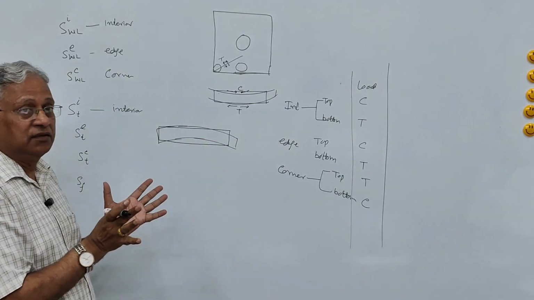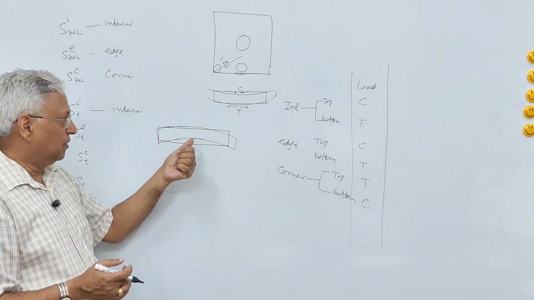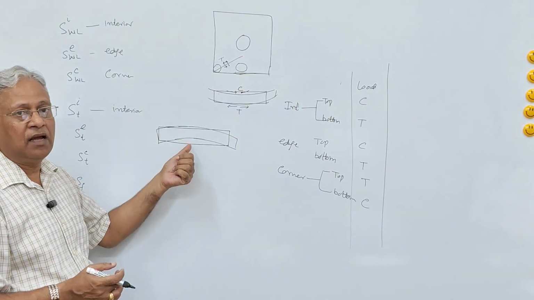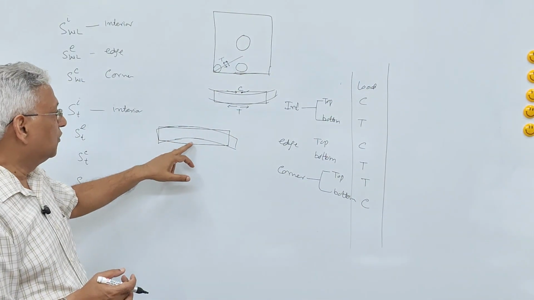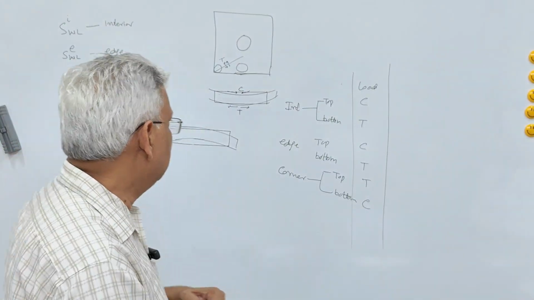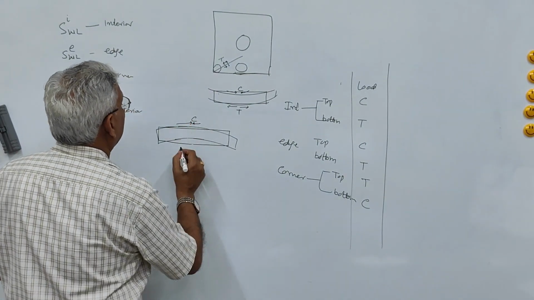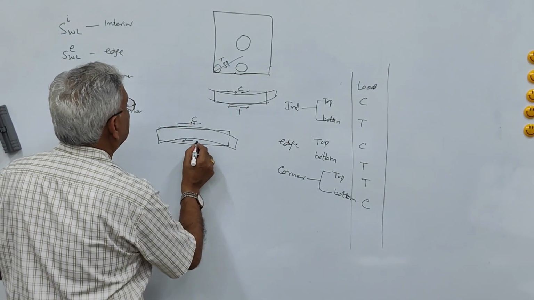If it is free to expand, then there will be compression here, tension here. But there is always a support between the slab and the base course, and therefore it doesn't expand or move freely, and because of this reason there is a compressive force at the top and tensile force at the bottom.